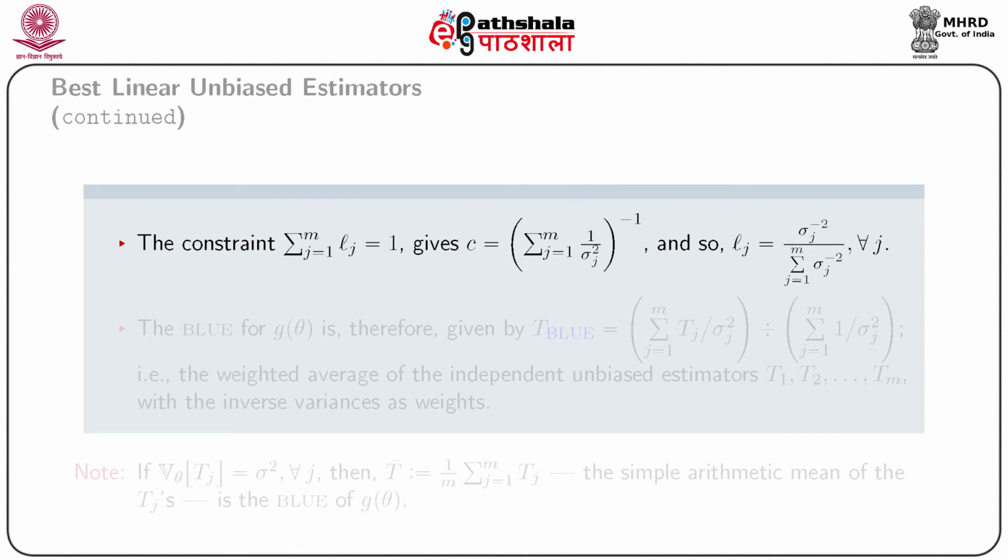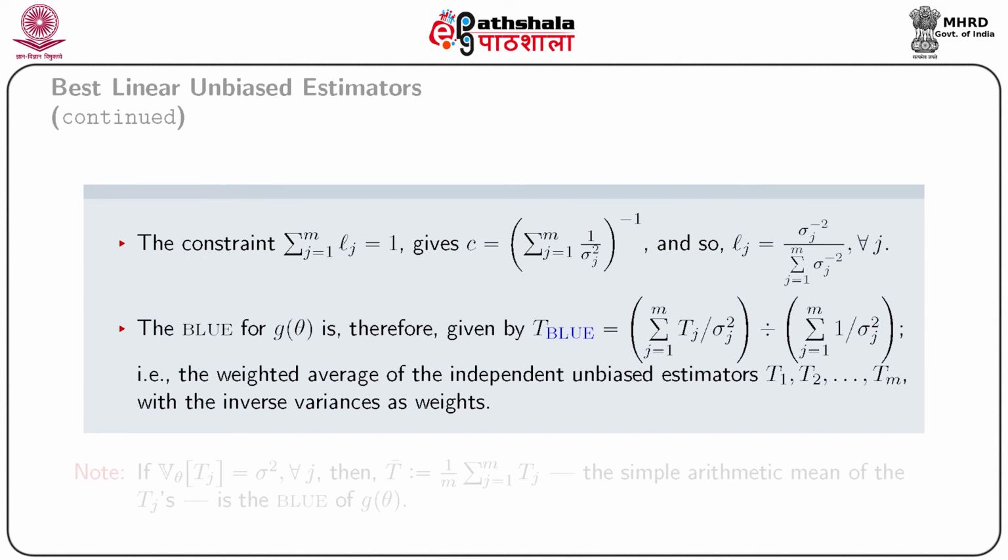Using the constraint summation li equals 1, we get C equals 1 by summation of 1 by σi², and hence the BLUE for g(θ) is given by summation of Ti Wi divided by summation of Wi, where Wi is equal to 1 by σi² for all i.